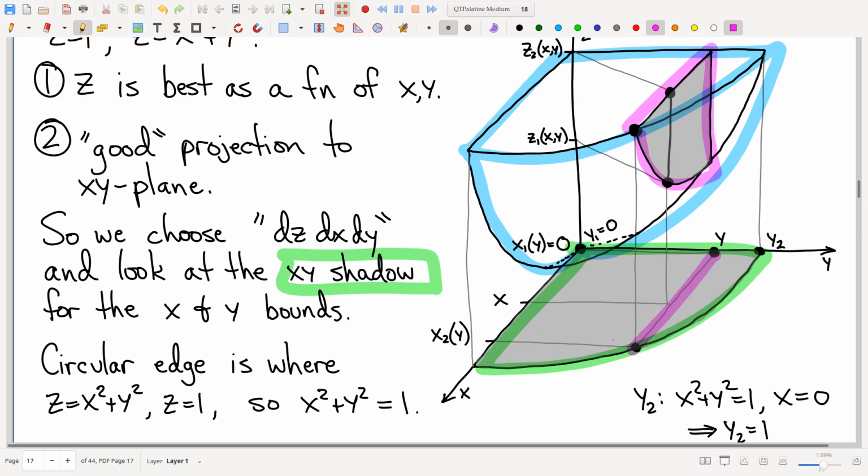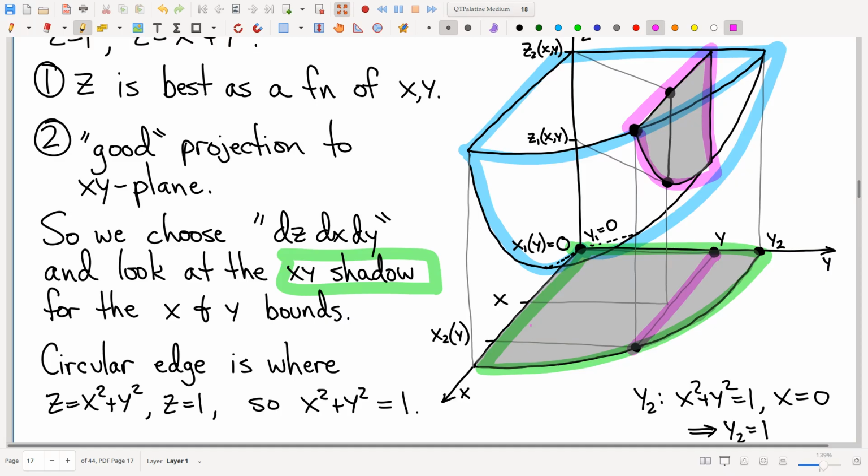And that shadow of that slice is itself a slice of this shadow. And so as I slice up the solid, I am effectively slicing up the shadow. So I claim the range of values on the solid are exactly the same as the range of values on the shadow. It's fantastic.